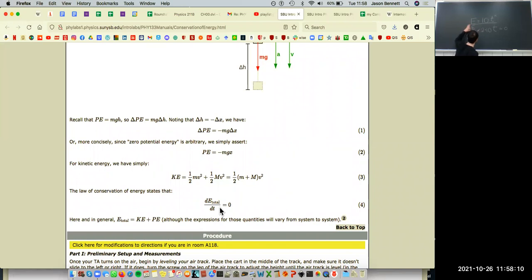However, another way to say dE/dt equals 0 is to say E is not a function of time.